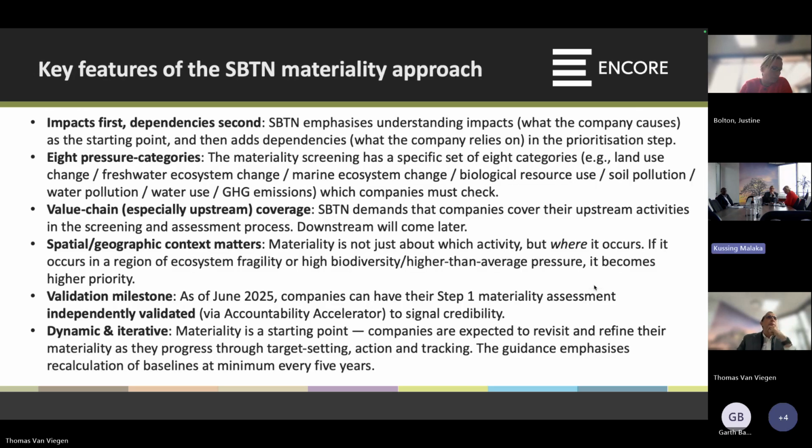So key features of the SBTN materiality approach, like we said: it considers impacts first and dependencies second. It's based on 8 pressure categories. It looks at the value chain, and as we said, particularly upstream coverage, and then spatial and geographic context matters. There's a whole issue around the validation milestones, etc. And then it's dynamic and iterative.